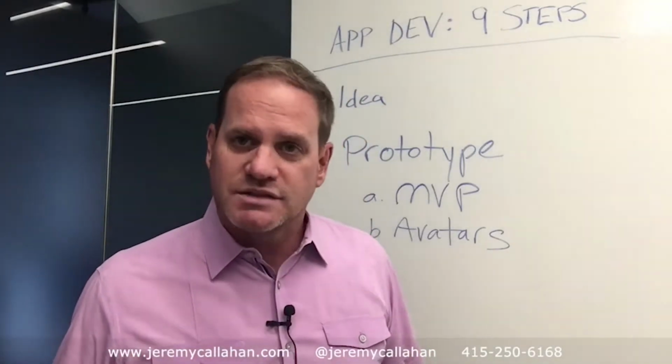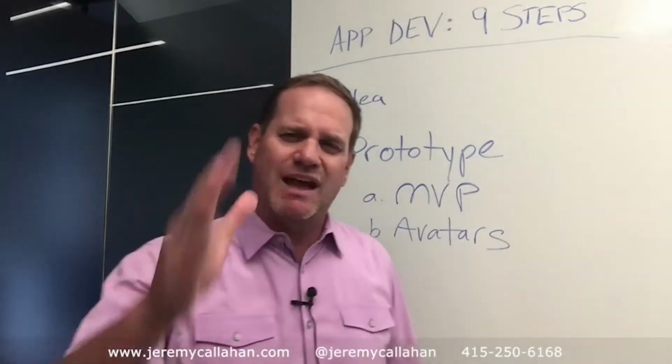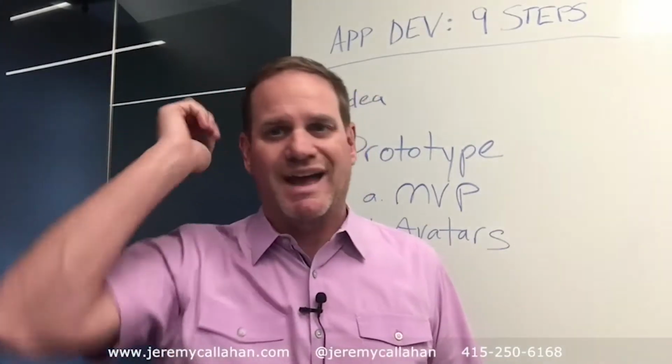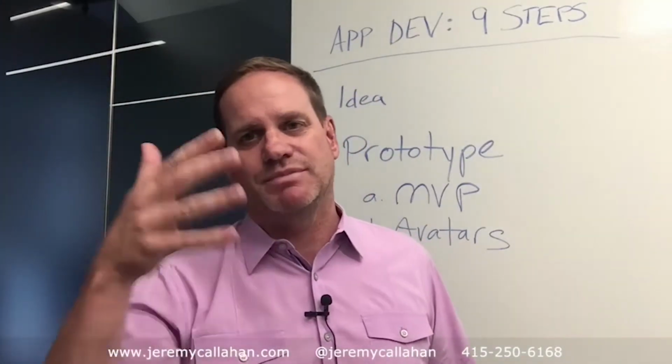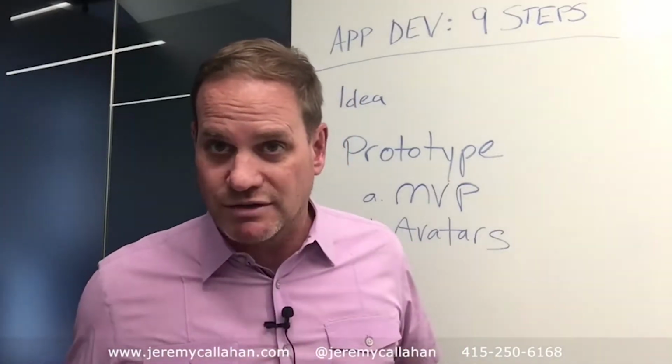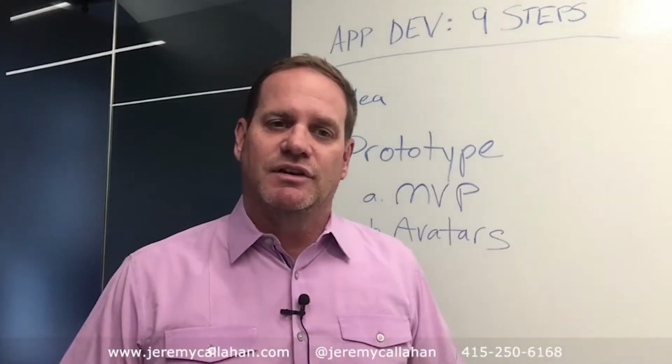So once you have the avatars, and again, I'm doing high level stuff here today. That 5-day prototype book has in-depth stuff of what you want to do for a customer avatar. You could Google what a customer avatar is.